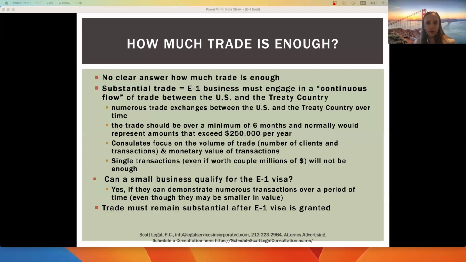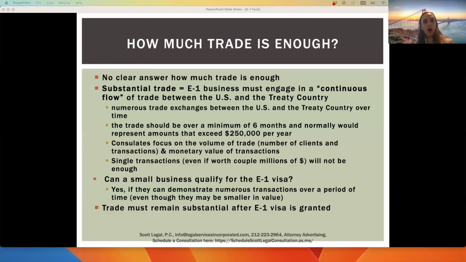When consulates make a decision whether trade is substantial, they will look at the monetary value of the transaction. So they will look at how high the trade was this year, last year, and in the last couple of years.